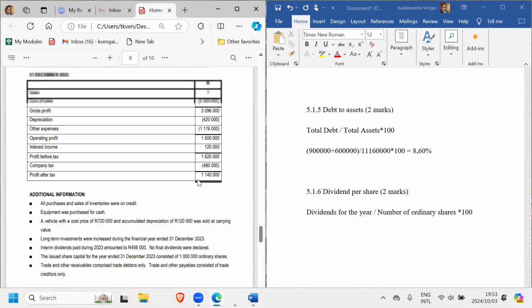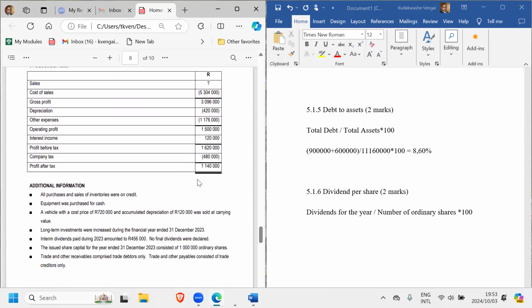So let's see, what are the dividends of the year? Interim dividends 456, no final dividends. So our dividends are 456,000 divided by the number of shares. The issued share capital consists of 1 million ordinary shares. You see what I'm saying, these things can be very easy because the information is there.